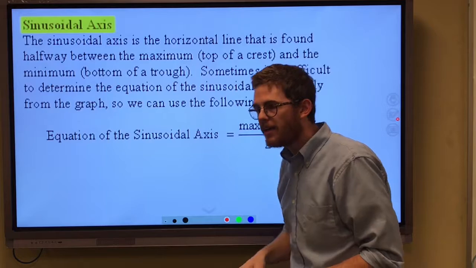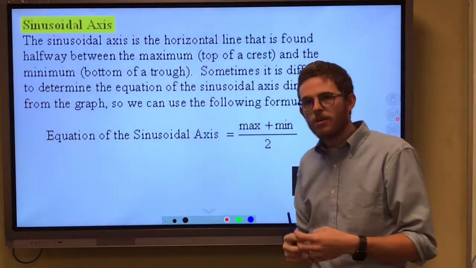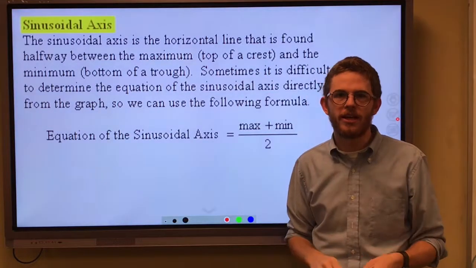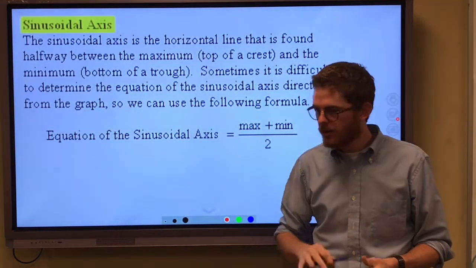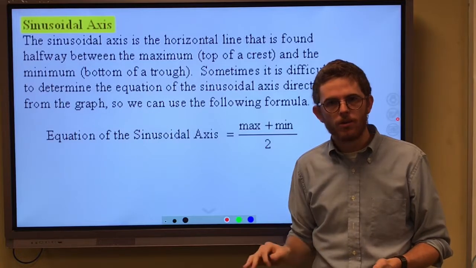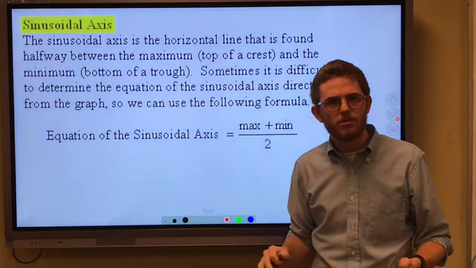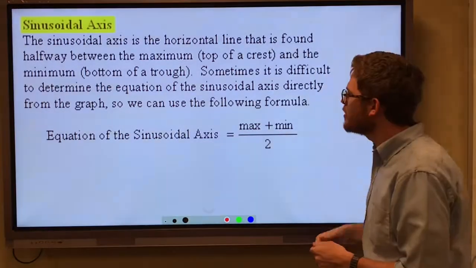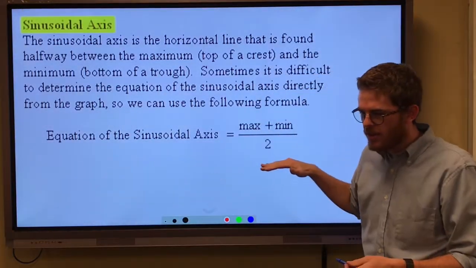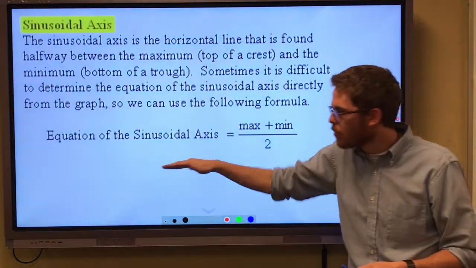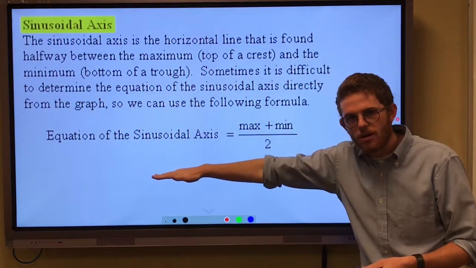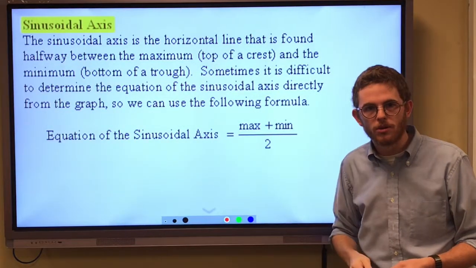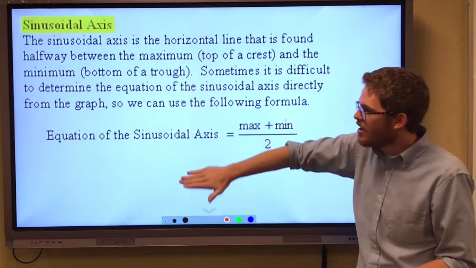Also, the sinusoidal axis. Because I know a lot of us like to relate things to what we know, it's kind of like an axis of symmetry. But these functions are not going to be symmetric like this. The sinusoidal axis is the horizontal line that splits our function in half. Basically, it's right there in the middle. So no, it's not an axis of symmetry.